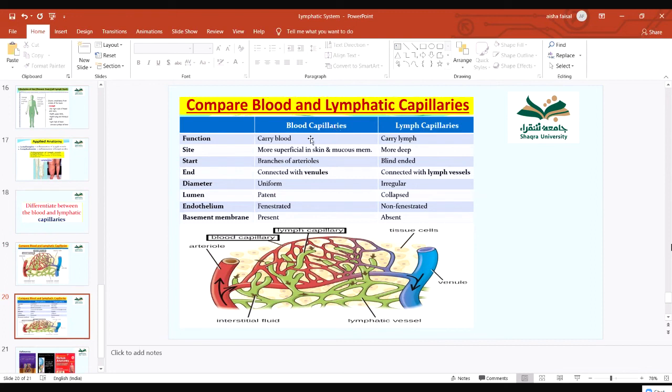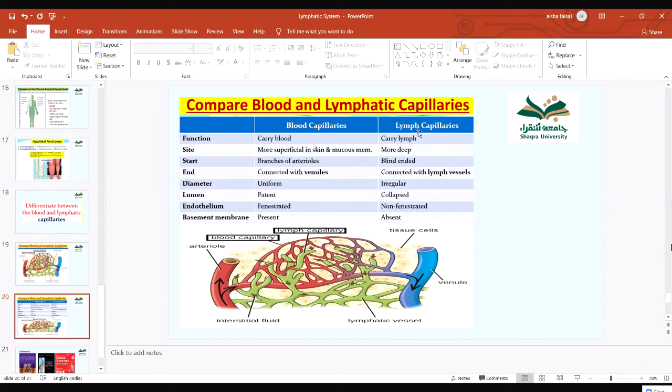The blood capillaries carry blood, but the lymph capillaries carry lymph. Blood capillaries are more superficial in skin and mucous membrane, while the lymph capillaries are located deep. Blood capillaries start as branches of the arterioles, and lymph capillaries are blind-ended.